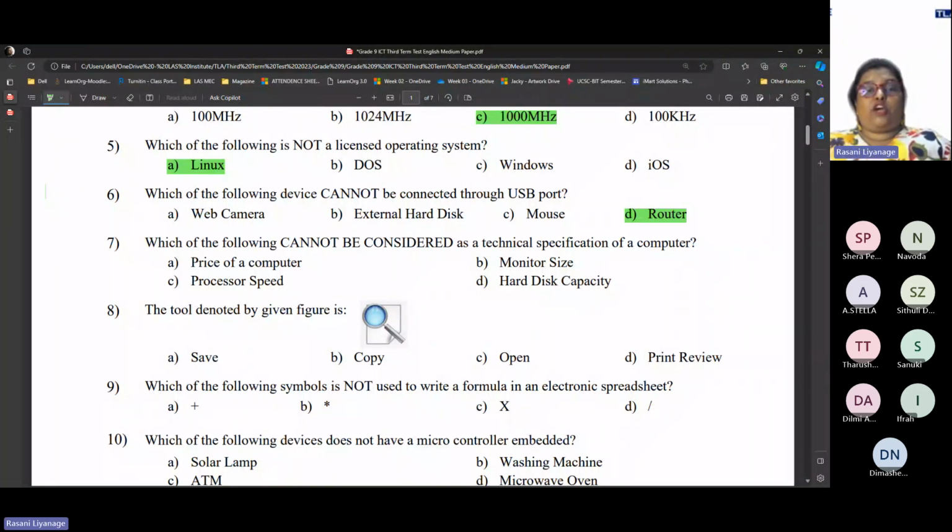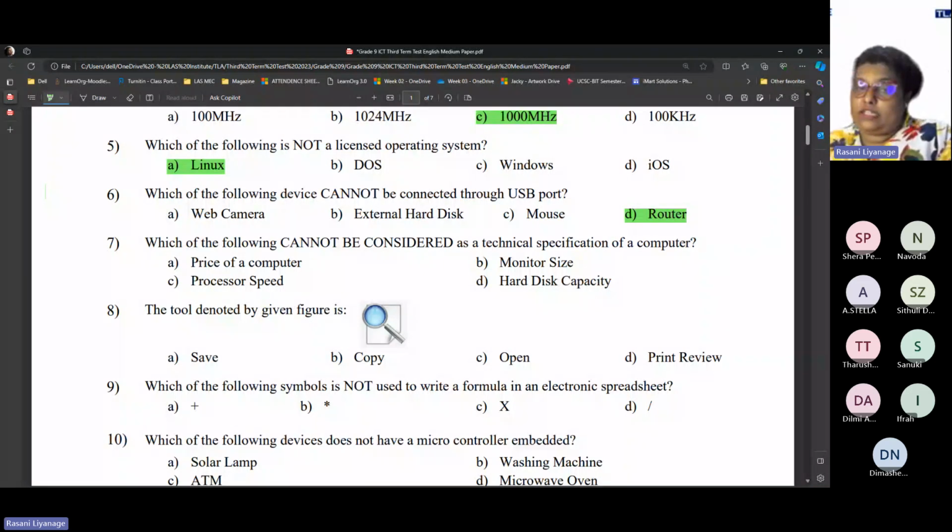Next. Which of the following cannot be considered as a technical specification of a computer? Now technical specifications, we get all hardware specifications, software specifications, including operating systems and CPU, processor, RAM, all that.